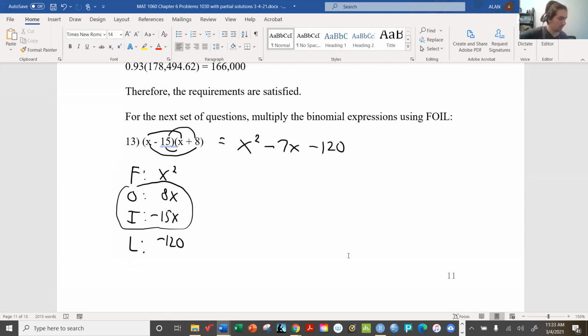I know it says to use FOIL, but if you use the box method and you get the right answer, I'll give you all the credit for it. I don't want it to be too rigid. If you really are much better with the box method, that's okay. If you do the box, that's fine. I'll know right away if you got the right answer anyway.